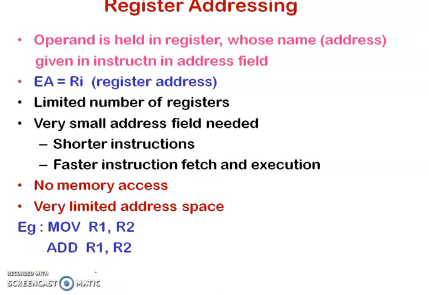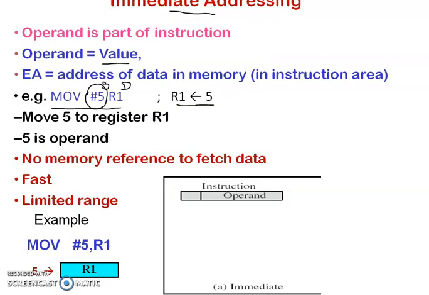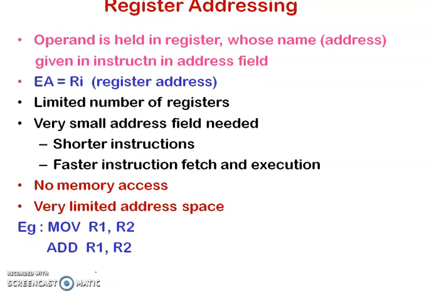Then register addressing mode. Immediate addressing mode means you have a direct value placed in the instruction. Register addressing mode is where the instruction has operands that are registers alone. The operand is held in the register whose name is given in the address field.